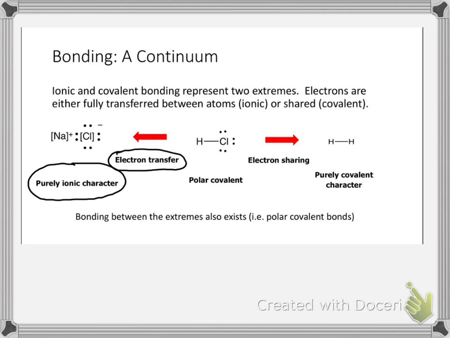And then on the other side of that, sharing electrons. We've talked about a covalent bond where electrons are shared. And that's where there's a little bit of variation. We just talked about covalent bonds, but electrons can be shared equally, which they would call here purely covalent. That's like equal sharing.